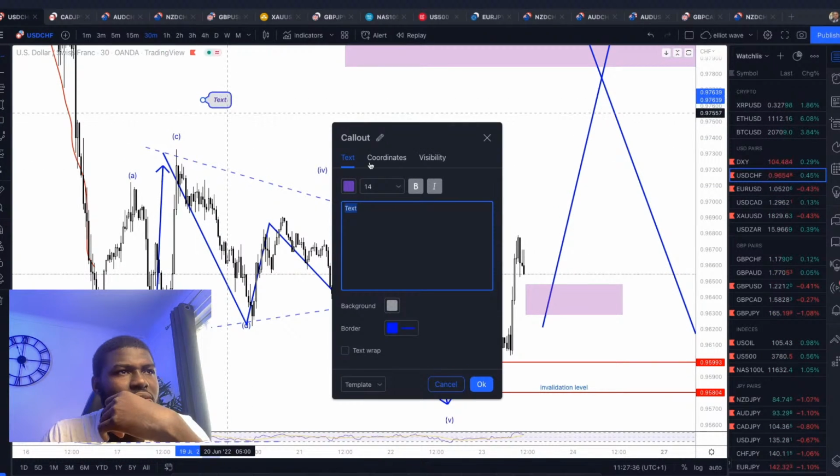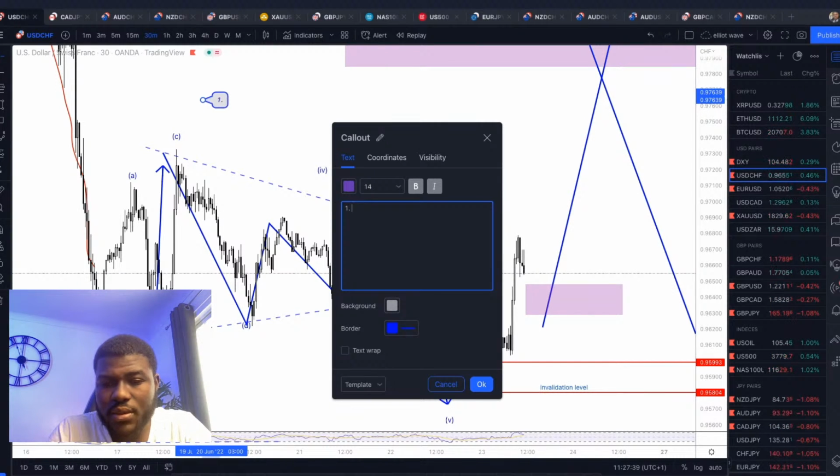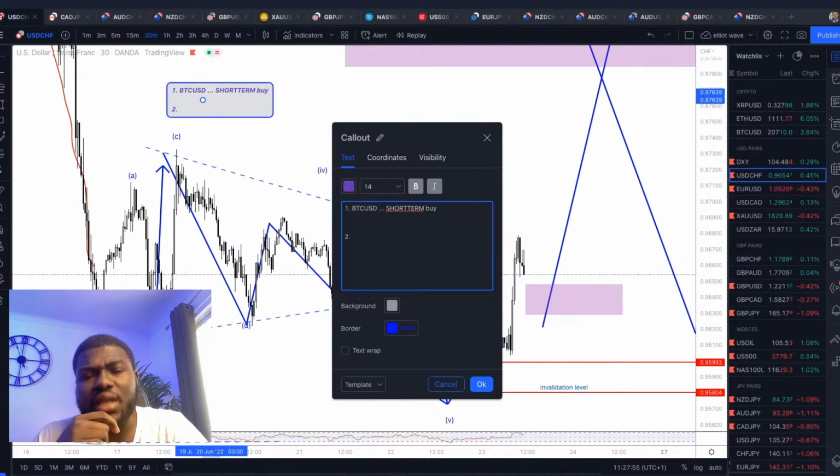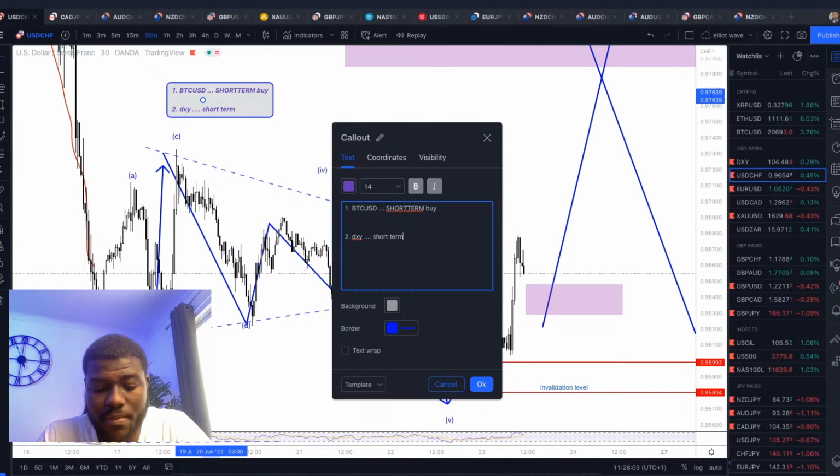So we now have one: we have our BTC short term buy. Then what else? We have been able to analyze DXY, and we see that we're having a short term buy also.